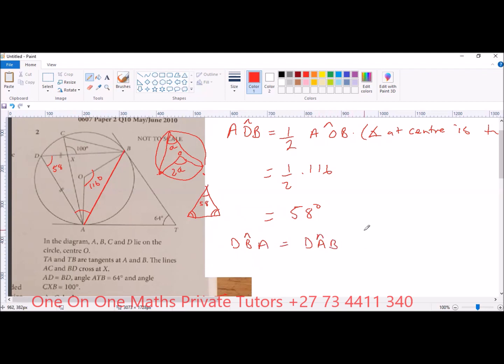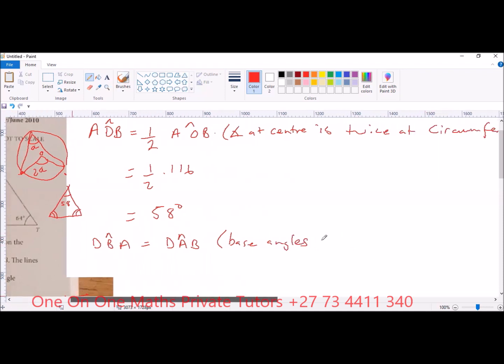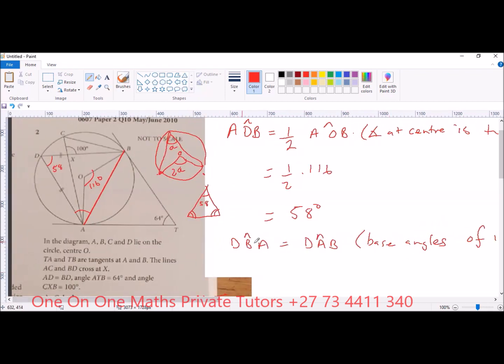Reason: base angles of isosceles triangle. DBA is equal to DAB.